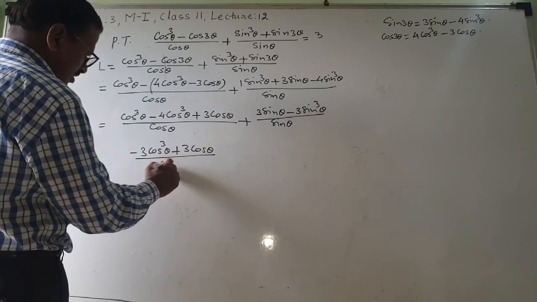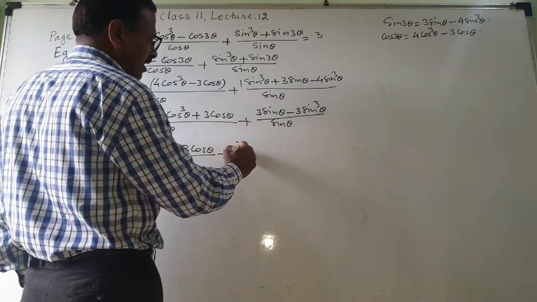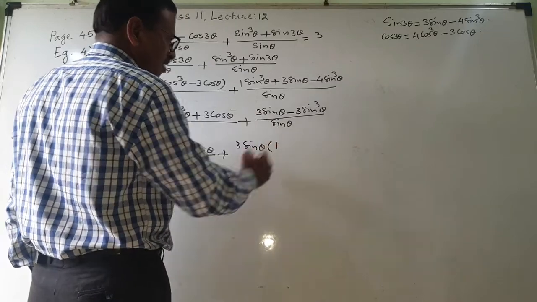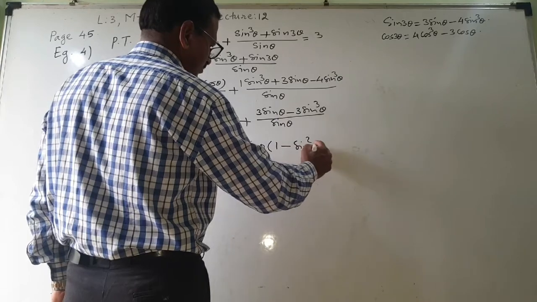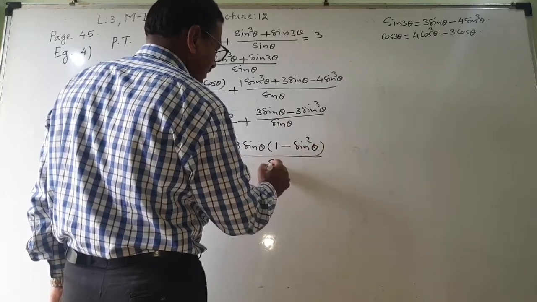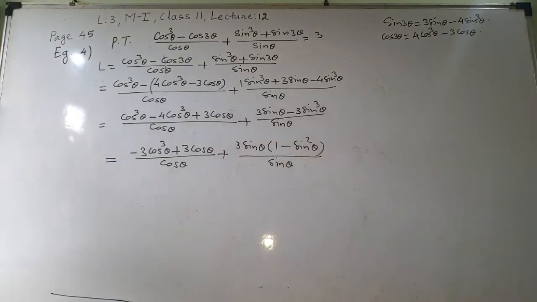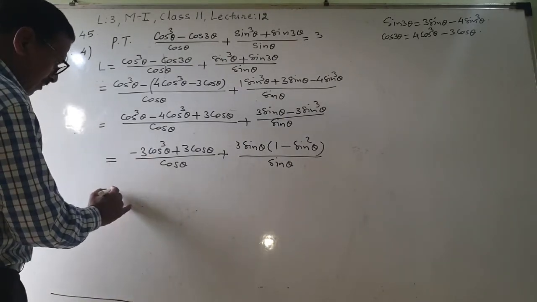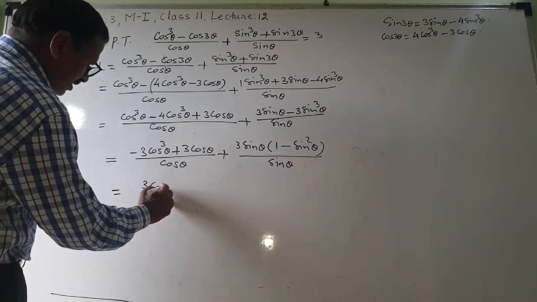upon cos theta plus, out of this I can take 3 sin theta as common. Here it remains 1, here it remains minus sin square theta upon sin theta. Here also I can take common 3 cos theta. 3 cos theta is taken common.